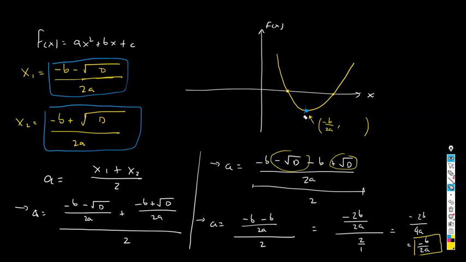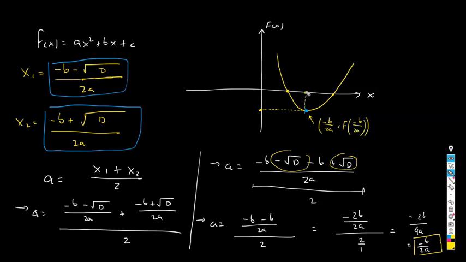And so now, if the x coordinate of my vertex is minus b over 2a, all I need in order to get the y coordinate is this number. This number will be the y coordinate of this point. And since you're talking about a function, guys, all you need to do is evaluate the function in this value of x, which is going to be the function evaluated in minus b over 2a.